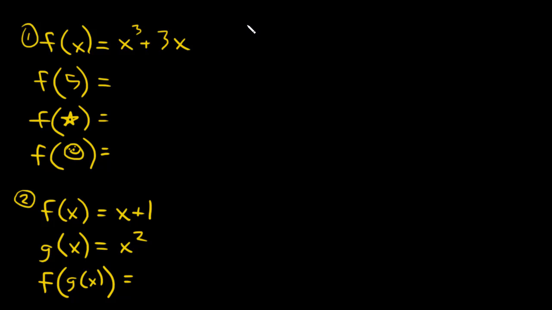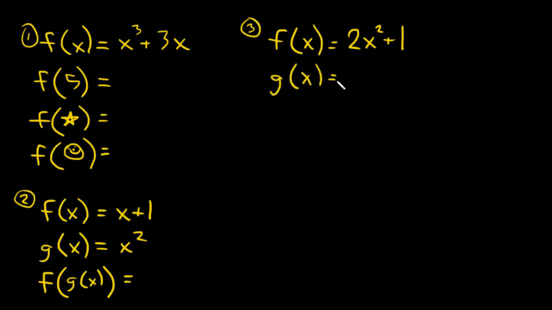Now for the big one. Here we go. Let's define f of x is equal to 2x squared plus 1. g of x is equal to negative 3x plus 5. I know that seems like a lot. Now, here we go.